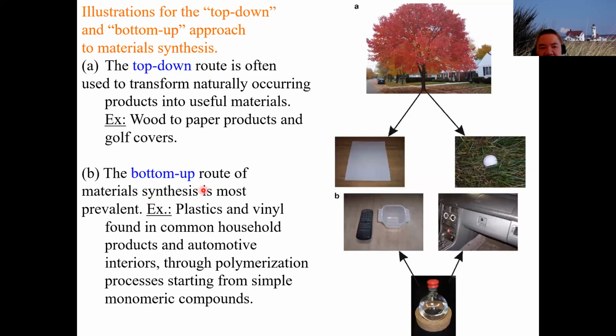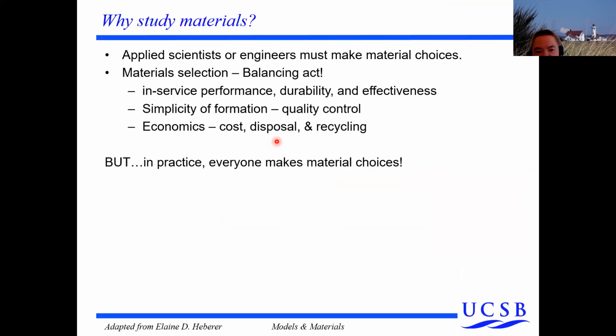And so you can envision it as a top-down route where we go from wood to paper products or golf covers, etc., or the bottom-up route, which is a way of taking molecules and creating plastics and vinyl, etc. And then you can create, for instance, these different products, automotive interiors, etc., through polymerization processes involving simple starting materials, simple chemical units.